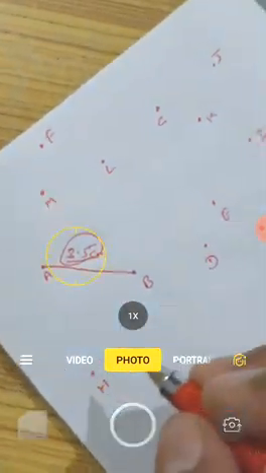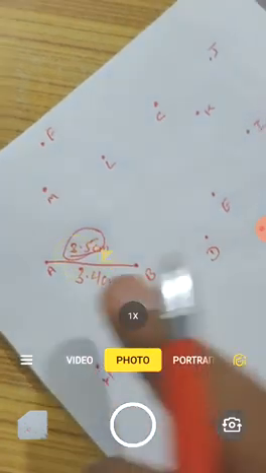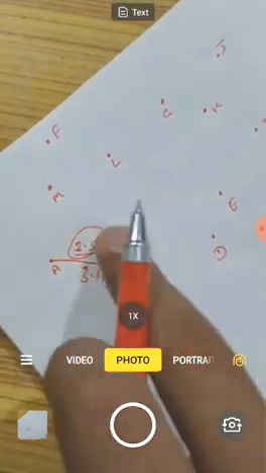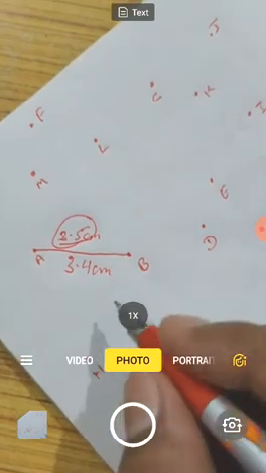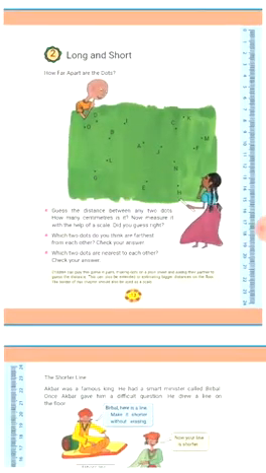So the measurement of this line is 3.4 centimeters. It means the distance we guessed was wrong. There was a difference of 0.1 centimeter. Is it clear? So the first question is to measure the distance. Did you guess right? So your answer will be no.